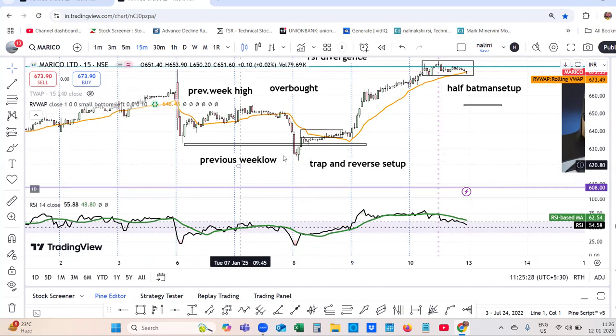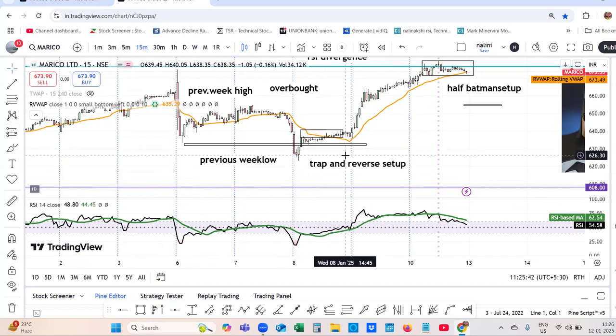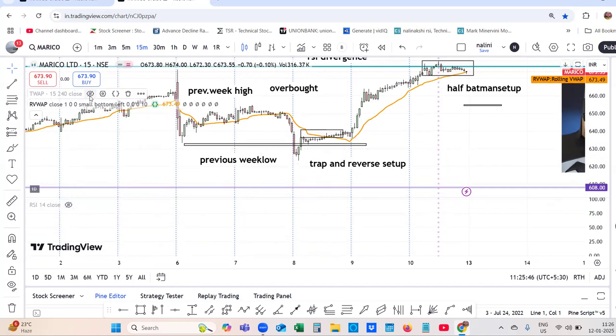If you are in confusion, you can consult them and they will give you a tick mark. When everything is ticked, let me disable this and enable the rolling volume weighted average price.